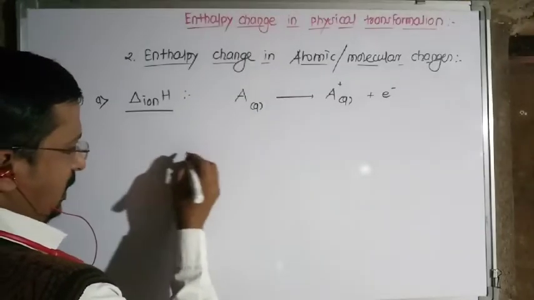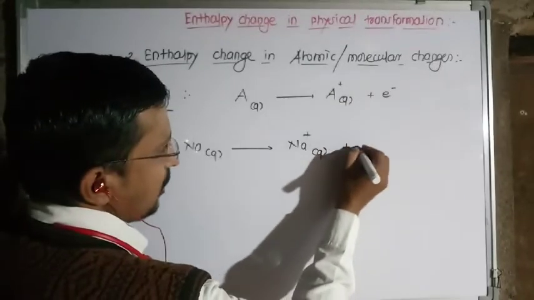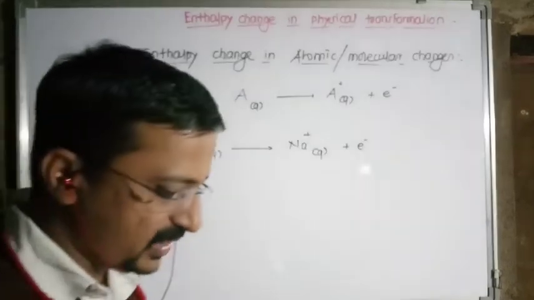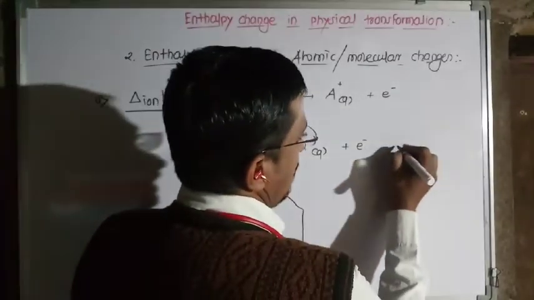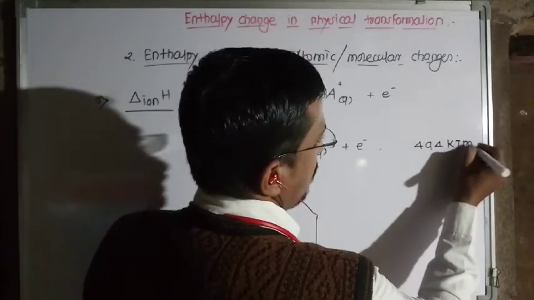Now, as far as enthalpy change of ionization is concerned, take an example: suppose sodium is there in gaseous state, and it converts into Na plus gaseous by the loss of electron. The electron in the valence shell of sodium is removed, and the heat change in that process is 494 kilojoule per mole.